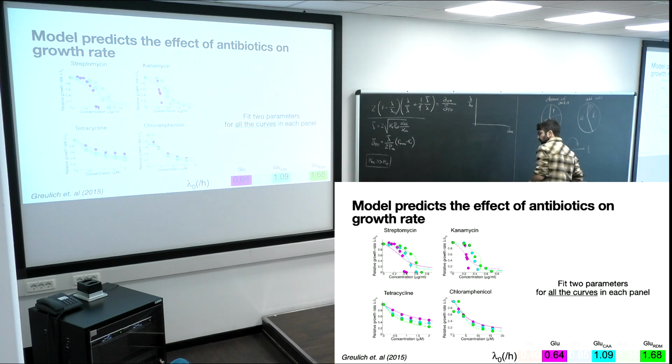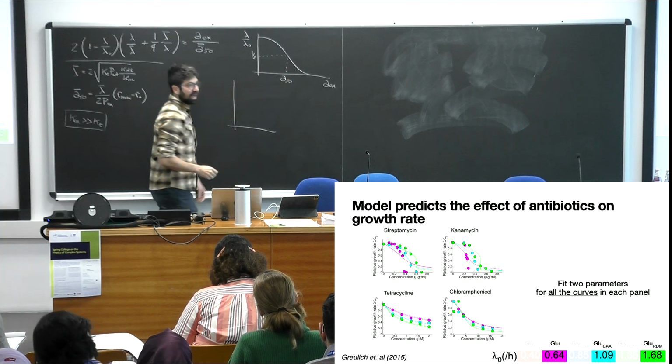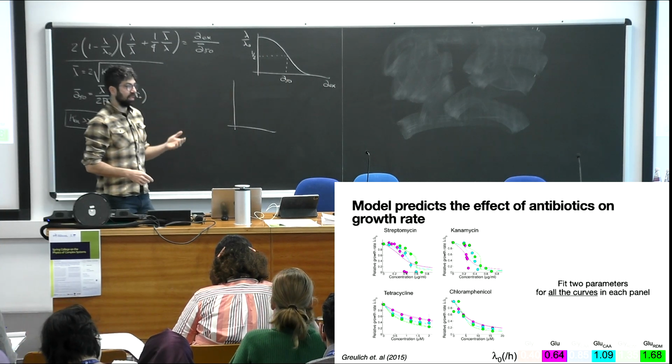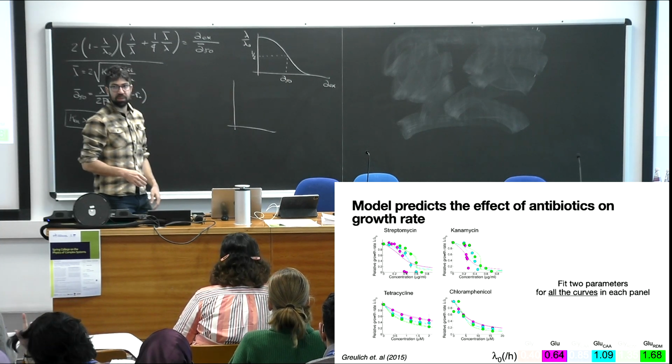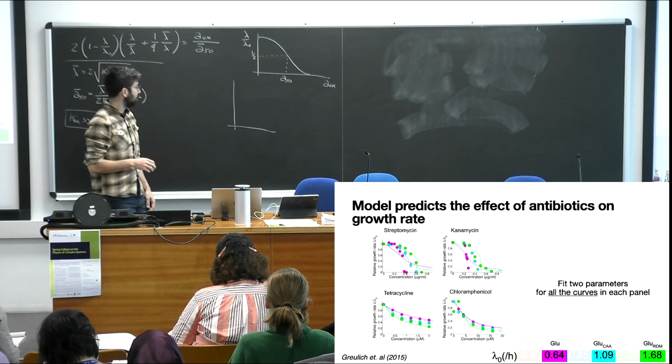So now, what else can you do? Well, you have these parameters. The observation we wanted to explain and describe was, you have these curves, and when this is half, you have a value of the inhibitory concentration where the growth rate is half of what it started from.